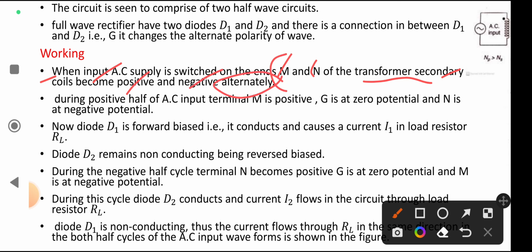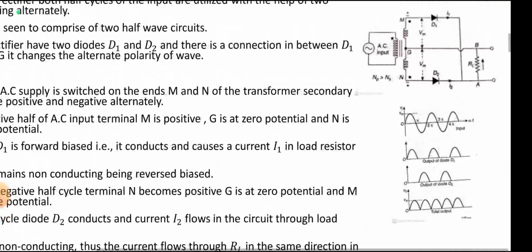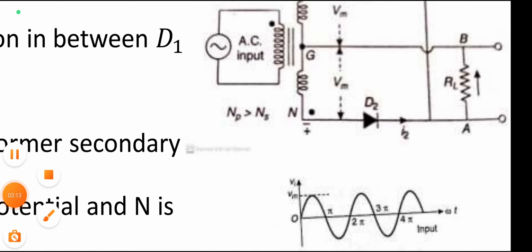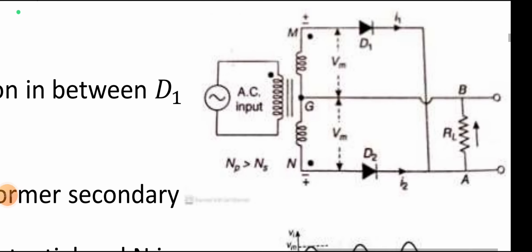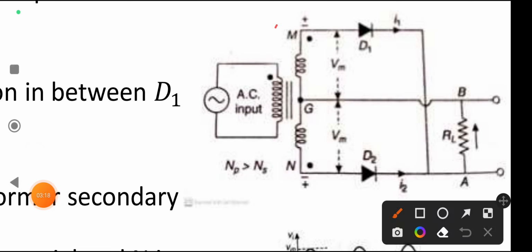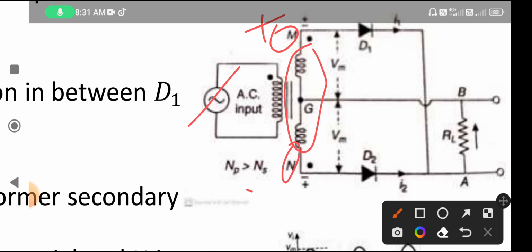Here M and N points are given in this diagram, just as I told you. Here it is the M point and it is the N point of the transformer, and these are the secondary coils. So when it is switched on, one end is positive and the other is negative.